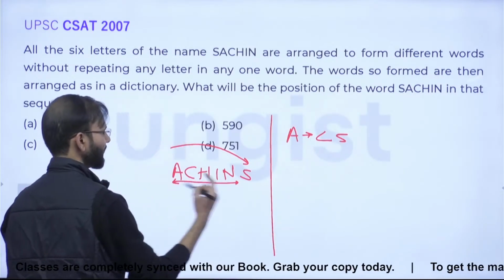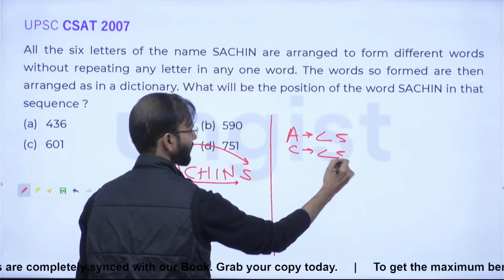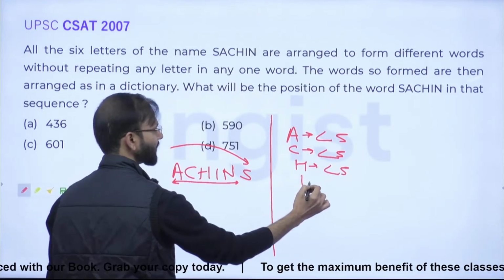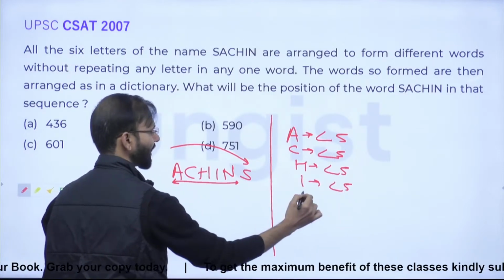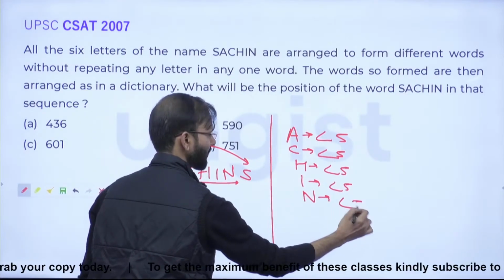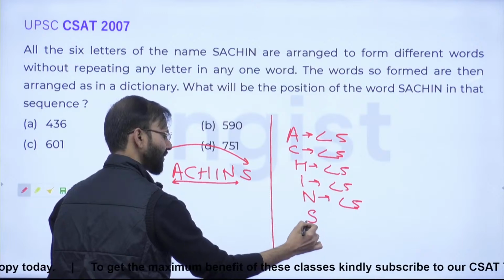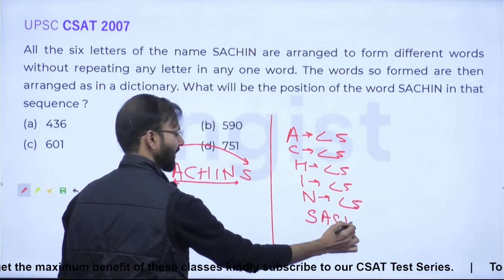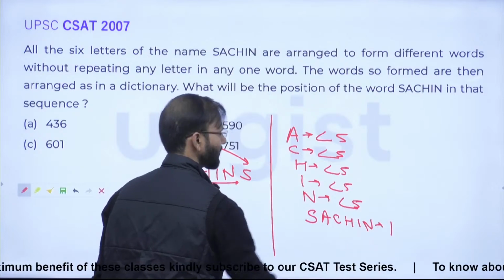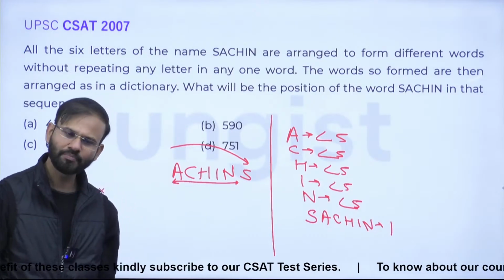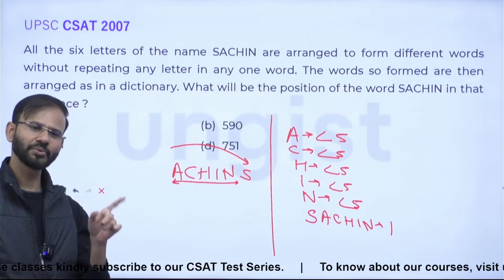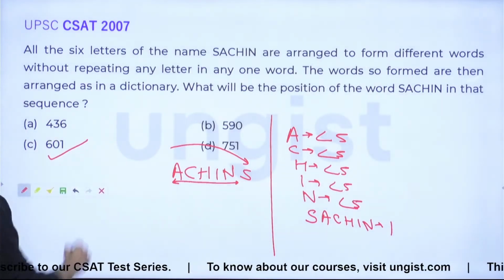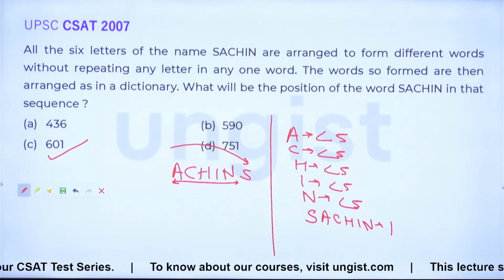With C it is factorial 5. With H it is factorial 5. With I it is also factorial 5. With N it is also factorial 5. And when your S is coming here, it will be A, C, H, I, N. It is 1. So factorial 5 into 5 plus 1. So this is 120 into 5, 600 plus 1. That is 601. Right, everybody?